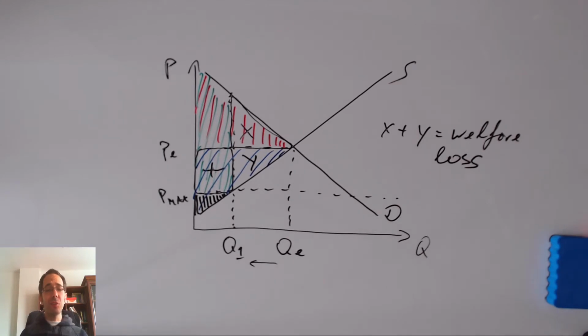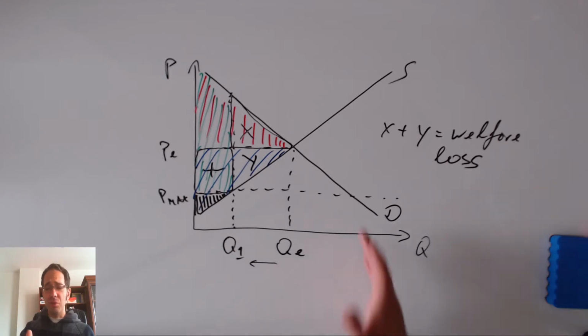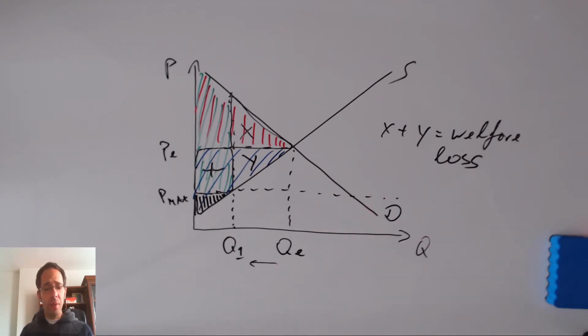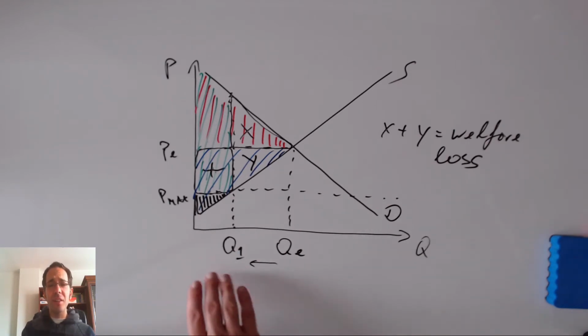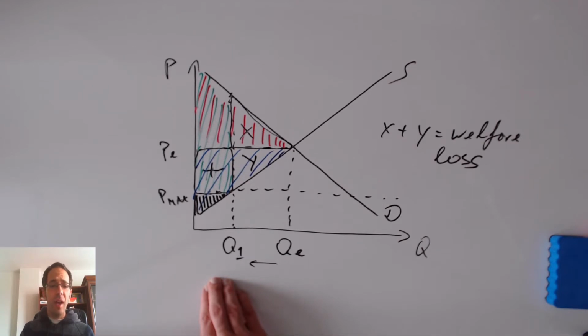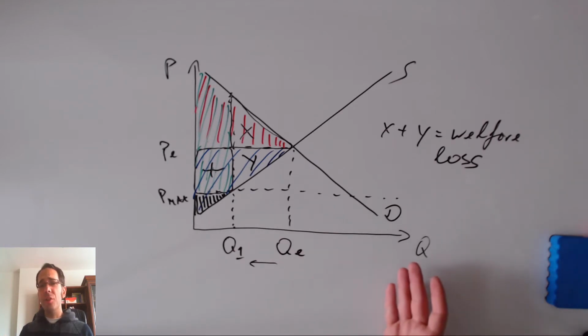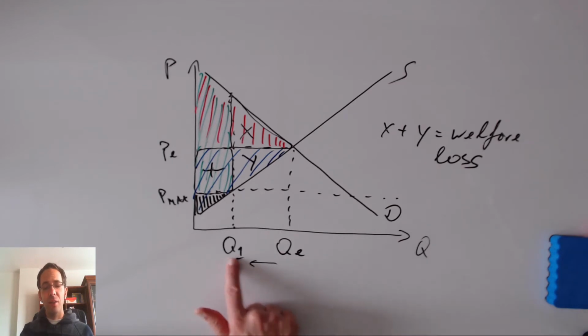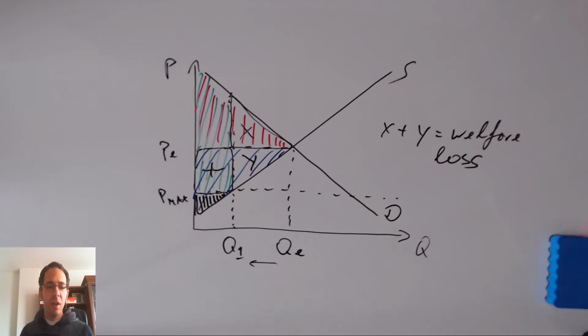So we can see that in this situation, the way we drew it, implementing a maximum price was probably a terrible idea. And we really need to have very good reasons to go ahead with such a policy. Maybe this unit is only needed by a very small fraction of the population, and we want to make it accessible for them, and the consumers from Q1 to QE will not be able to buy this product, maybe because they don't need it as much.